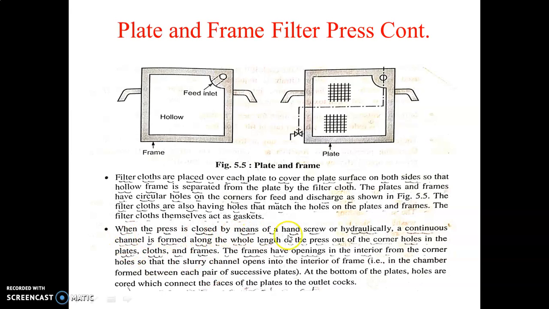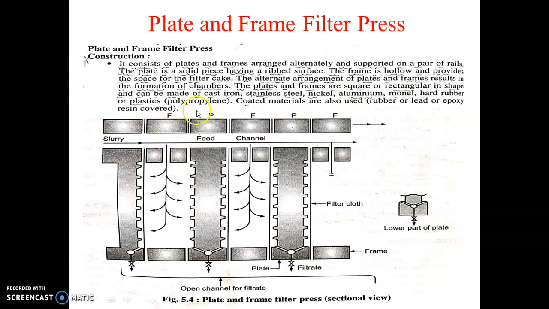When the press is closed by means of a hand screw or hydraulically, a continuous channel is formed along the length of the press out of the corner holes in the plate, cloth and frame. So if we make the arrangement like this, frame, plate, frame, plate, frame, plate, and if we press this whole assembly by a hand screw, which is provided here, I will show that after this figure, by this hand screw we can tighten this assembly and it will form a channel.